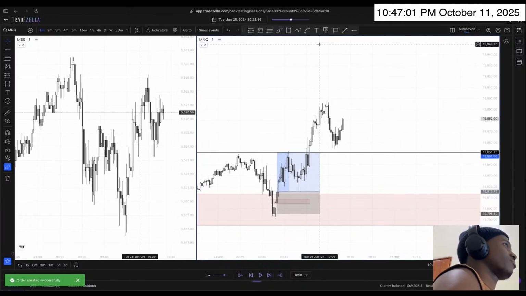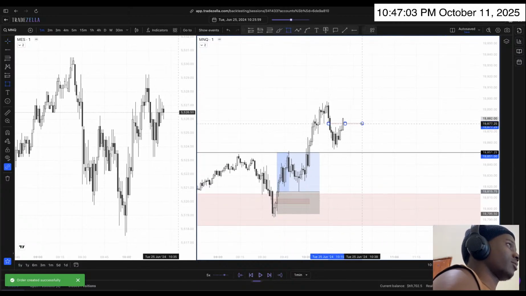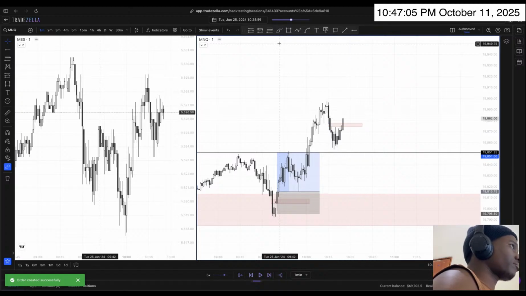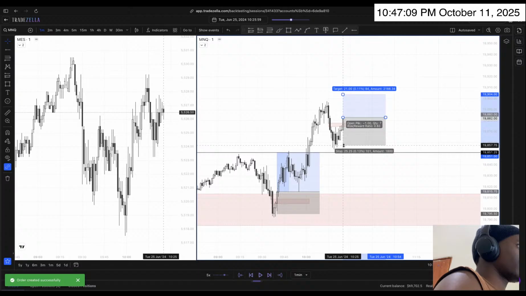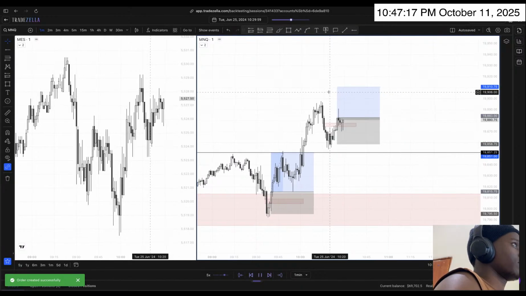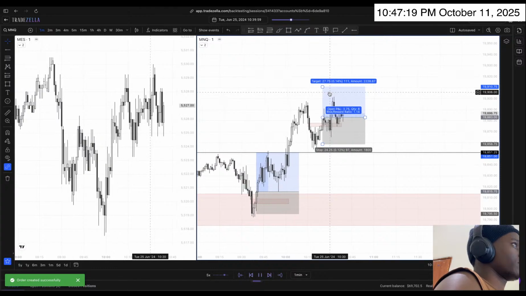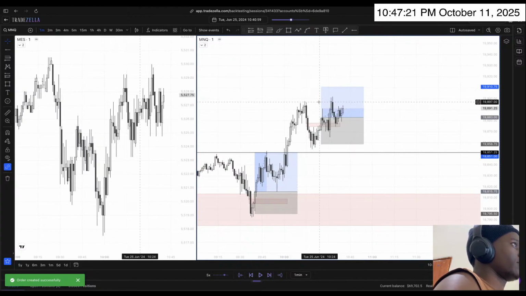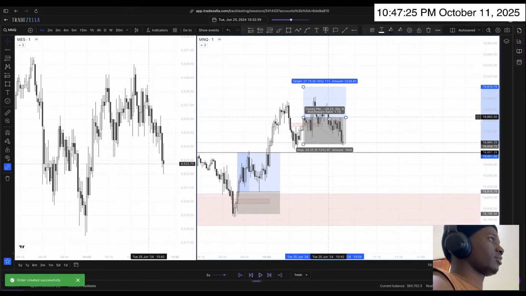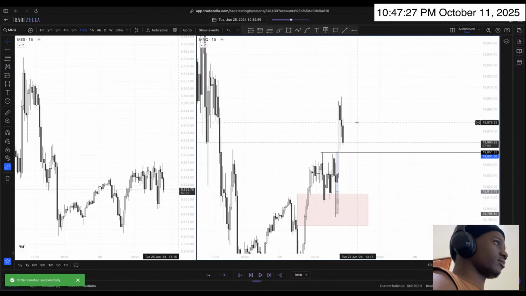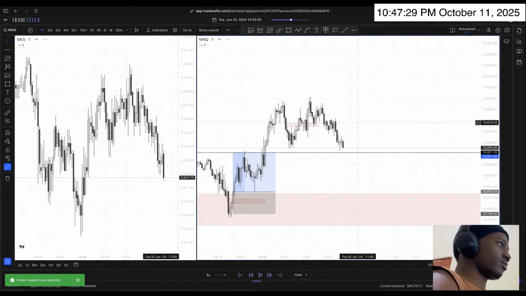Alright, now this will be like a 1-to-1. I'm not gonna take this, but let's see. Let's see if it plays out. Oh, I did right here. This will be like a break even because I obviously wouldn't take this. Alright.